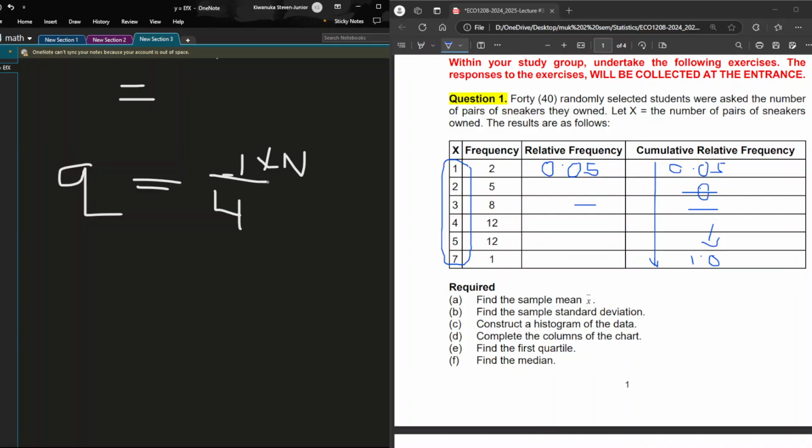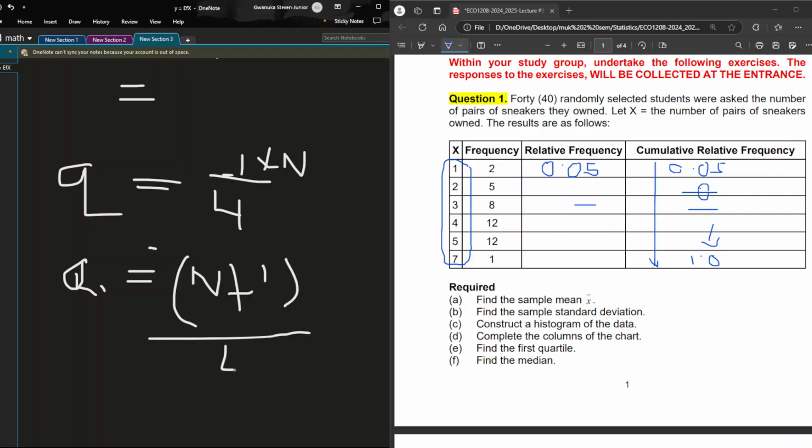But now, since it is ungrouped data, the quartile Q1 slightly differs. So Q1 is defined by n, which we know, now plus 1 to account for the 1 for interval, which we always don't start with, then out of 4.